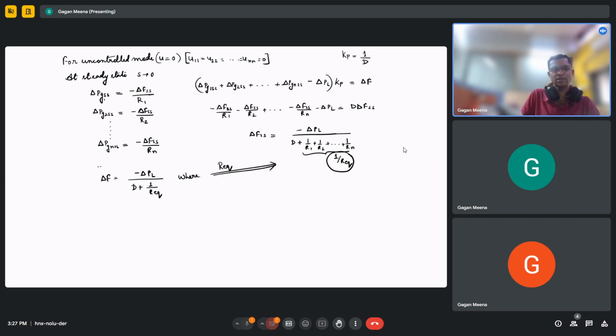So here we can see this is an uncontrolled mode, so there is a steady state error.